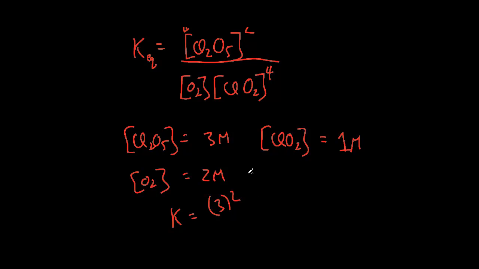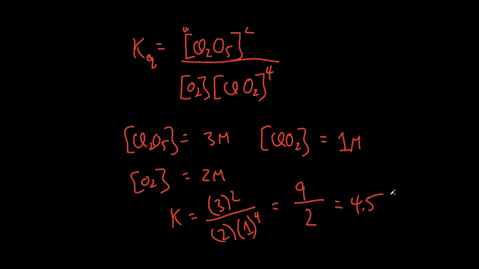And we have to square it, because remember the coefficient was 2, over 2 times 1 to the 4th power. Remember that coefficient was 4. After we plug in the concentrations, we get 3 squared is 9, over 1 times 1 times 1 times 1. Anything times 1 is just 1. Times 2, that's going to be 2. And of course, you have 9 over 2, which equals 4.5.